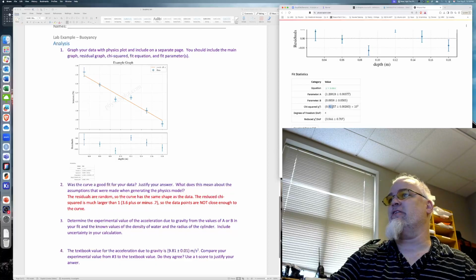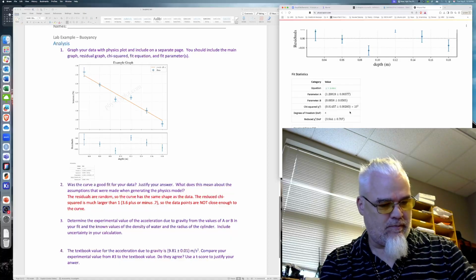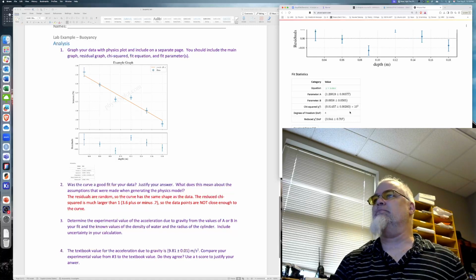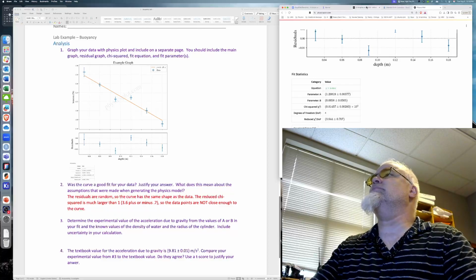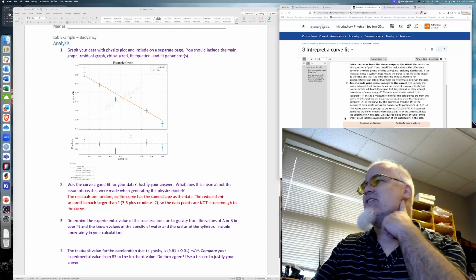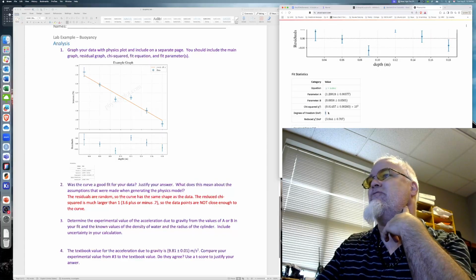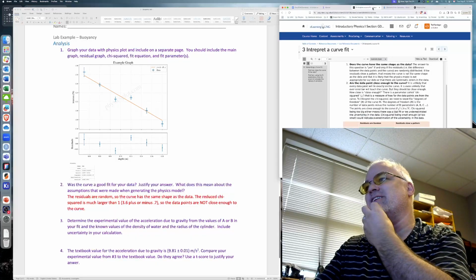So our chi-squared is actually 14.6 plus or minus 2.8. That chi-squared is supposed to equal the number of degrees of freedom, which in this problem there are 4 degrees of freedom. So the chi-squared is supposed to be equal to 4, and it's equal to 14.6. It's too big.